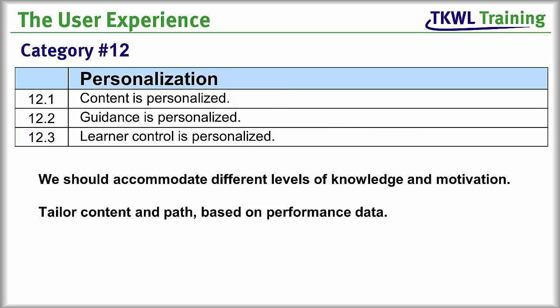Personalization does not mean that the student has free rein to wander around the course and do what they like. It means that the course itself analyzes the student and directs them to do or not do certain things based on their performance. Content, in other words, should be tailored to the learner based on what they already know.